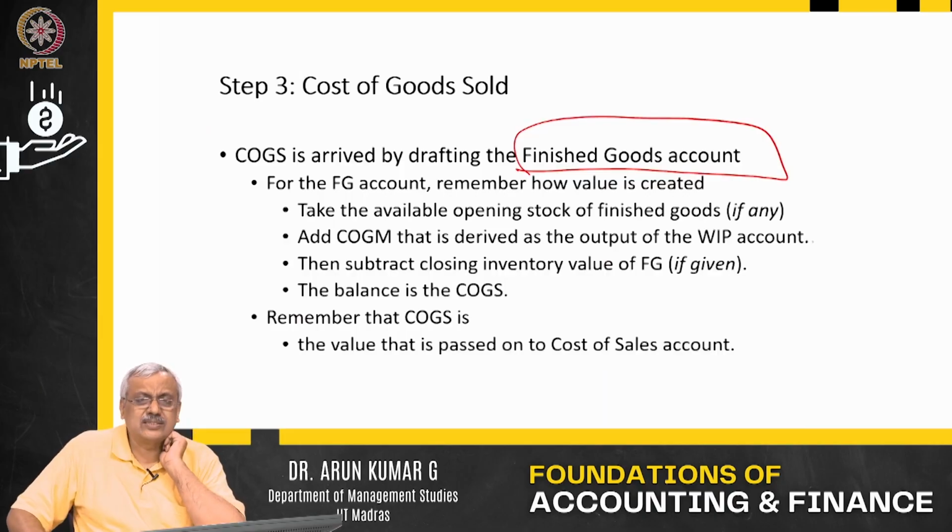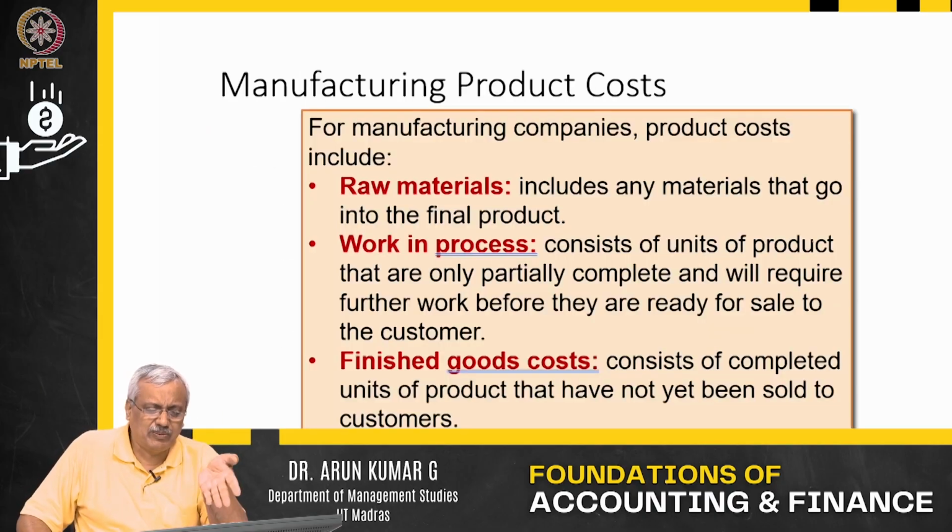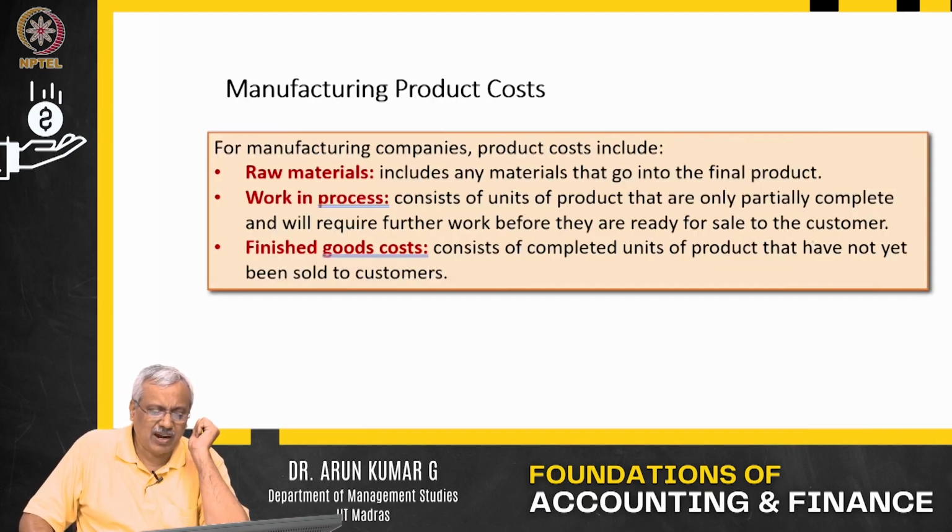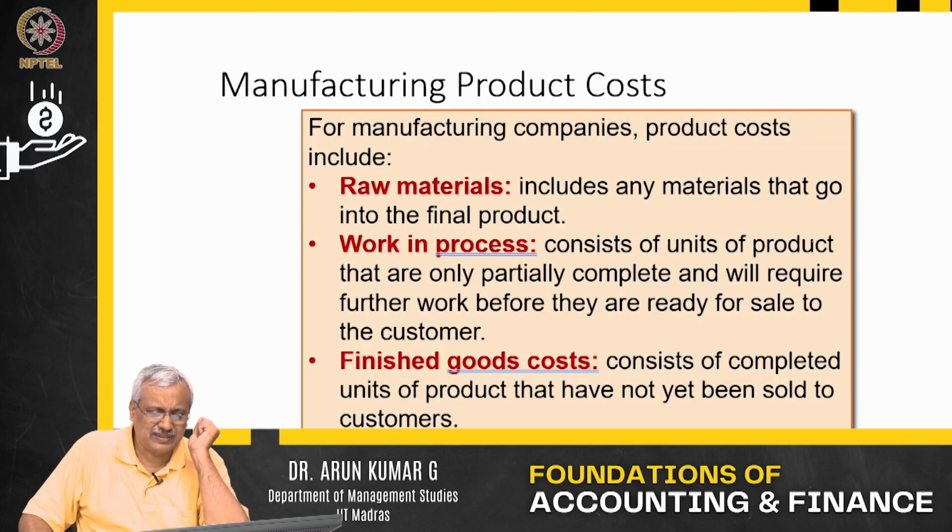Now, cost of goods sold, of course, I am going to give you manufactured product cost, all these examples. You can look at these examples by yourself. Raw material, manufacturing cost, product cost, work in process, finished goods, completed units not sold to customers, etc. The definition of all this is on the same slide, which unfortunately got included twice.